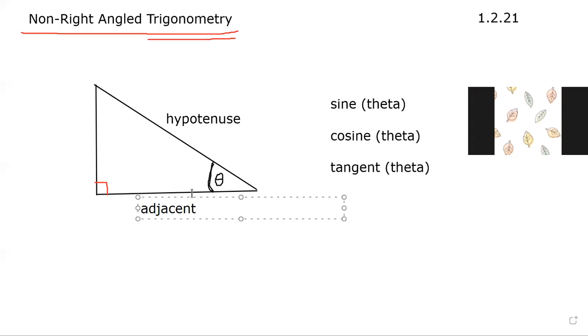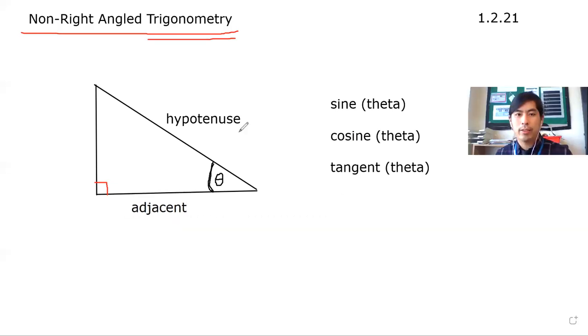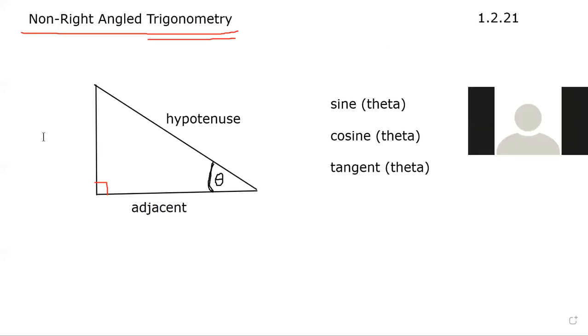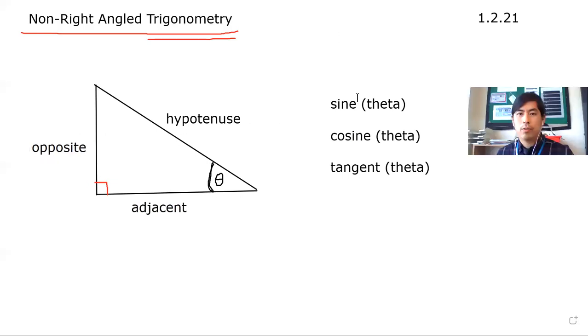Yay, adjacent. Thank you, Martina. And this angle is on the other side. What do we call something on the other side of something? Opposite. Opposite, beautiful. Okay. And we sometimes call these shorthand H, O, A.